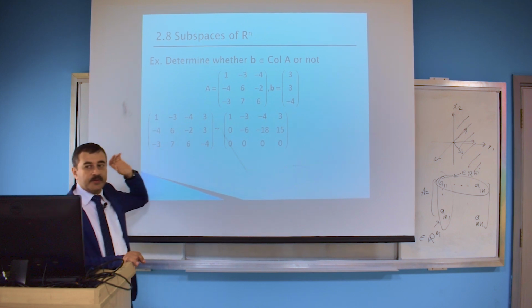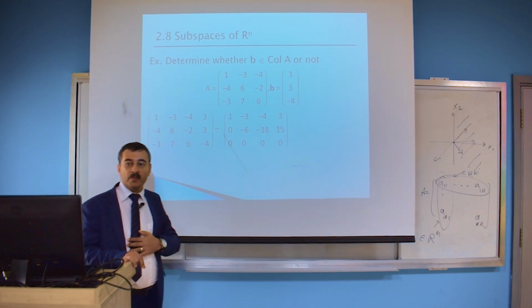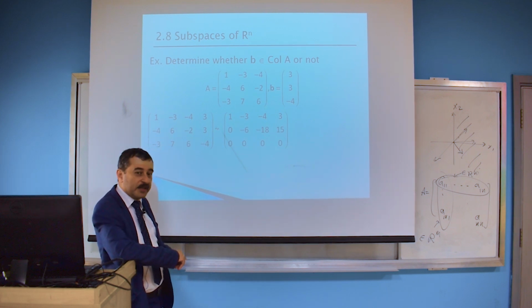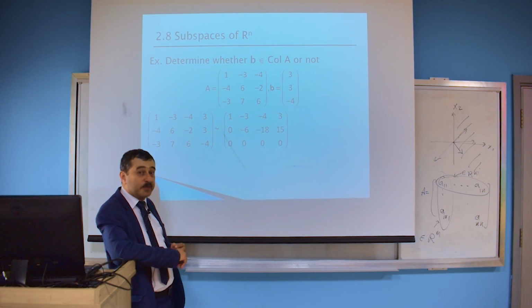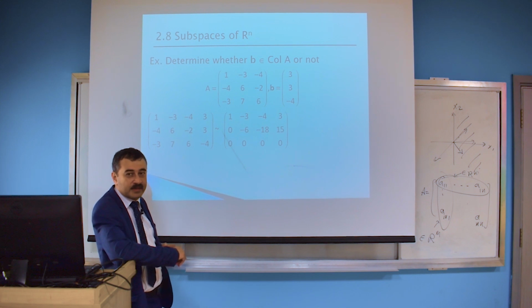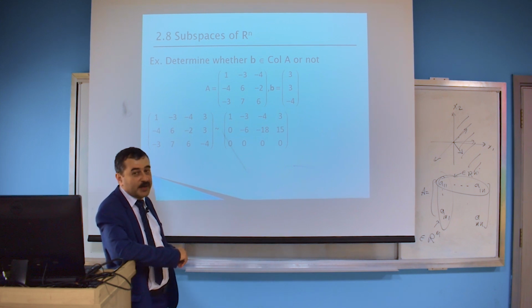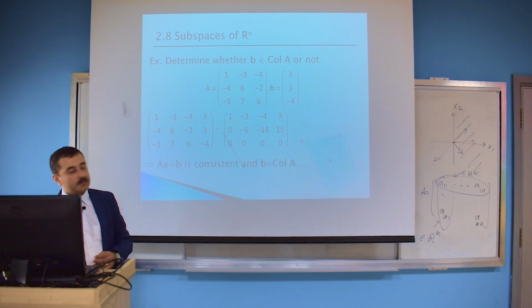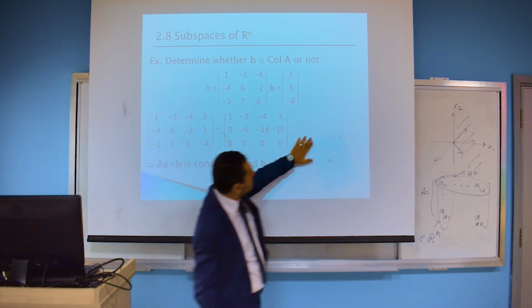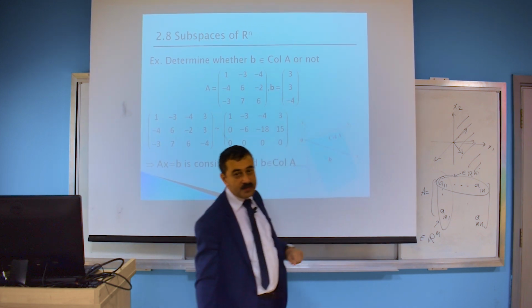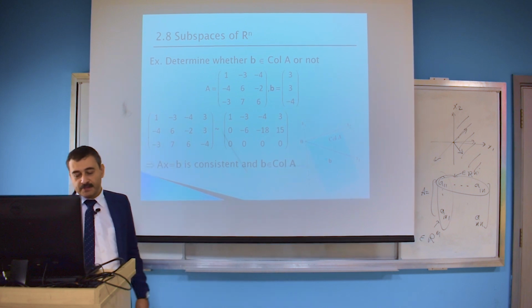Is it the whole R3 or a subspace of R3? A plane in R3. How do you know that it is a plane? Number of pivots: 2. Then you have 2 linearly independent columns in the matrix, so they span a plane in R3. So if this is the column space, you'll find B in the column space, and then you have a solution.